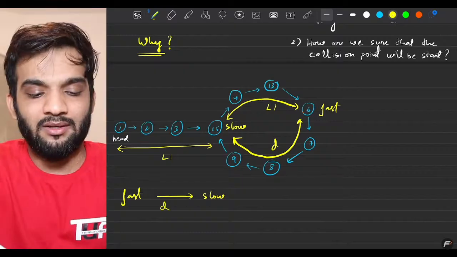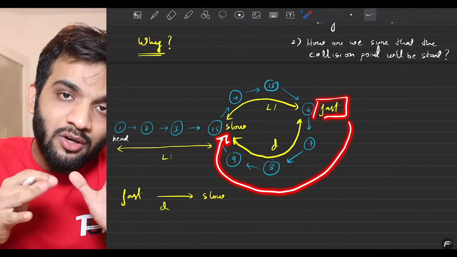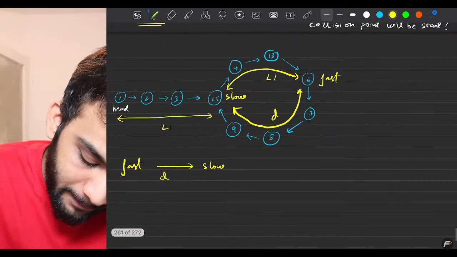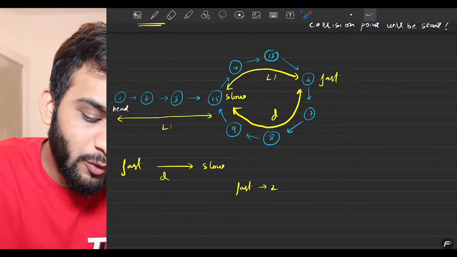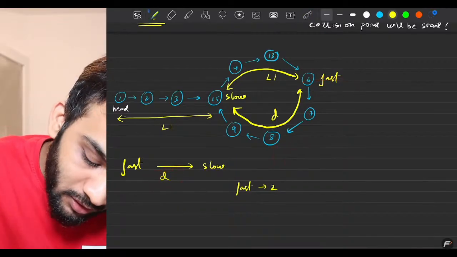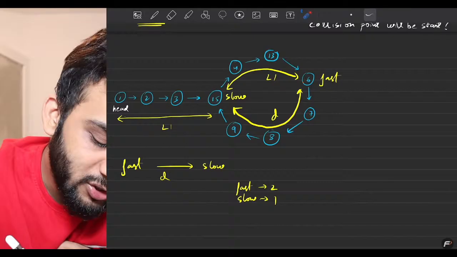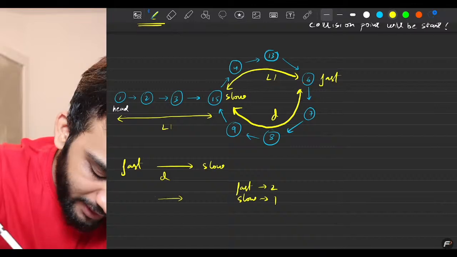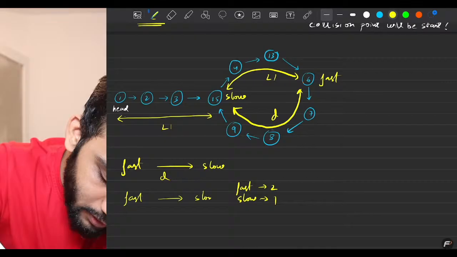Now tell me one thing: in which direction is fast moving? It's moving towards slow, by a distance of 2. So ideally, if it moves by 2, D should reduce to D minus 2. But slow is moving away by 1, because slow is moving in this direction. So the overall distance between fast and slow is now D minus 1 after one step.